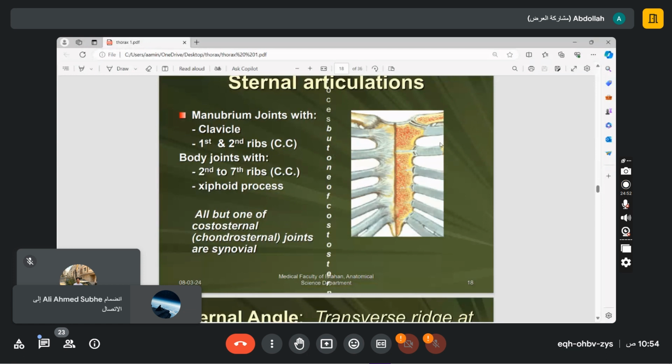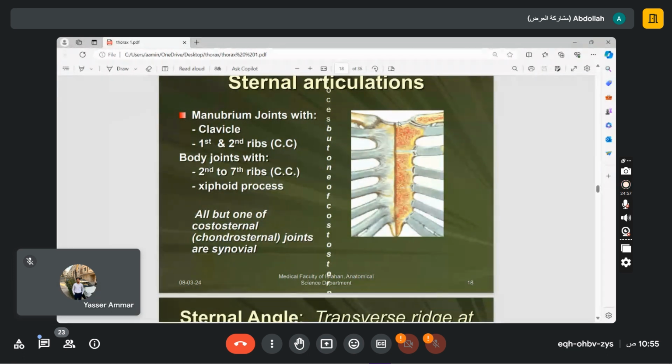Okay, so this is the manubrioclavicular joint. It is important. Look at here, this is the suprasternal notch. This is, as I told you, the Lewis angle or sternal angle, and this is the xiphoid process.